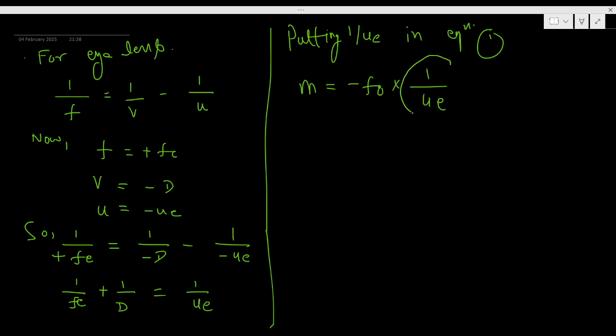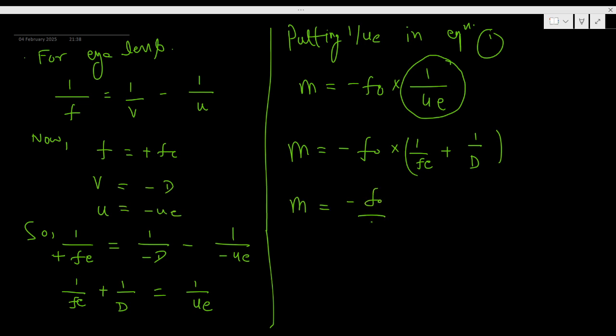So you need to put this value over here: 1 by FE plus 1 by D. And now when you take 1 by FE as common, we got FO by FE, that should be plus 1 by D. So this is the expression of the magnifying power.